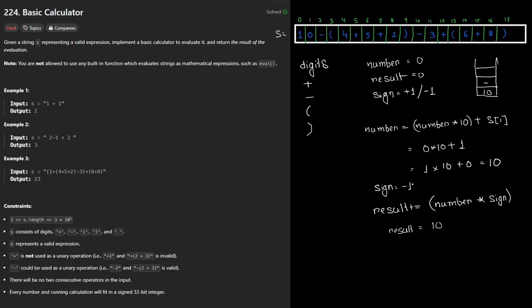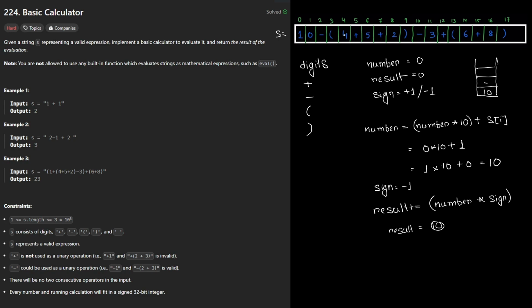Once we have added those two values to our stack, and we have also gotten a bracket, now currently our sign is positive, result would be 0, and number is automatically going to be 0.